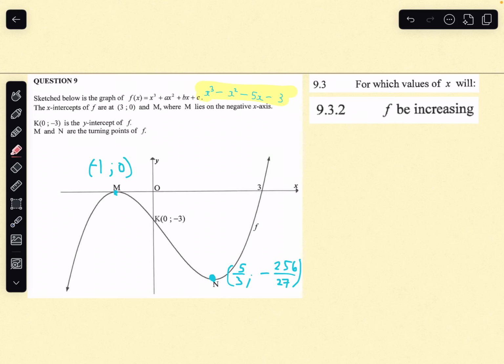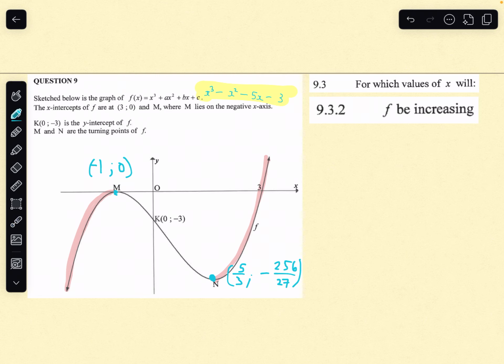So these are the parts of the graph that we are concerned with. That piece over there and that piece over there. So we're asking ourselves which x values produce this portion and this portion. So for this portion, it's all the x values before -1, right? They are the ones that create this part of the graph.